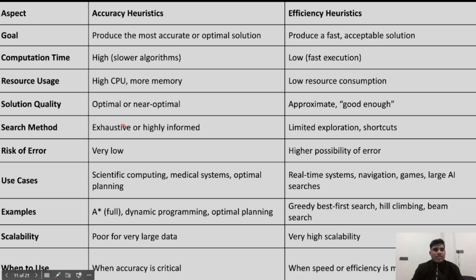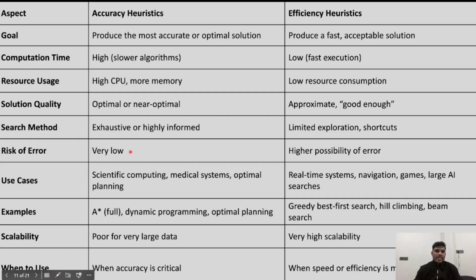Resource usage for accuracy is high CPU and more memory; for efficiency, low resource consumption. Solution quality for accuracy is optimal or near optimal, and for efficiency approximate or good enough. Search method for accuracy is exhaustive or highly informative, and for efficiency limited exploration and shortcuts.